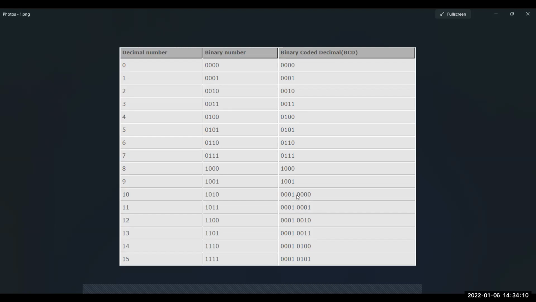You already know each digit has a four-bit value, so for 10, the 1 is 0001 and the 0 is 0000. We already covered these things when we studied binary coded decimal. I think it is clear for all of you.